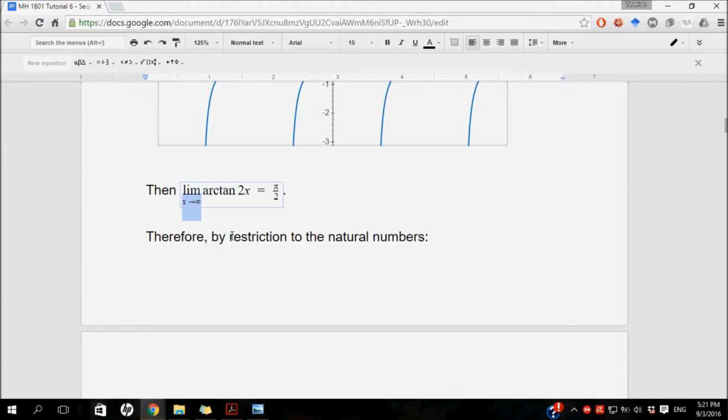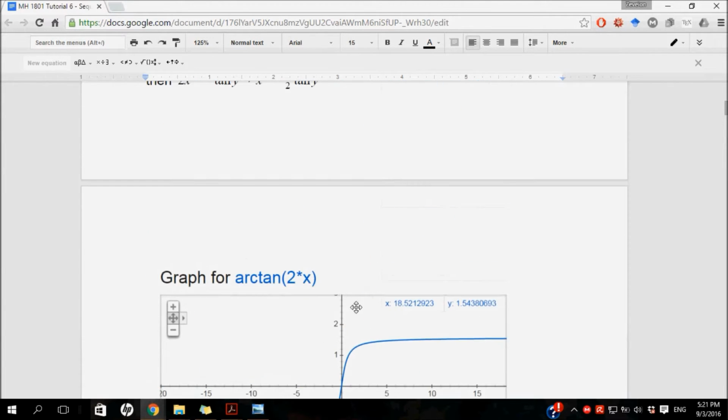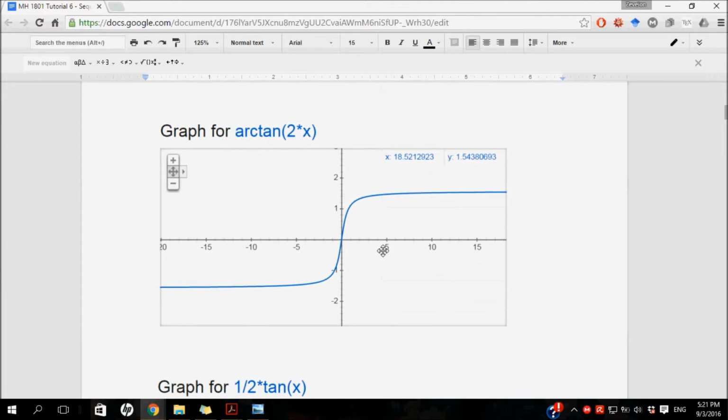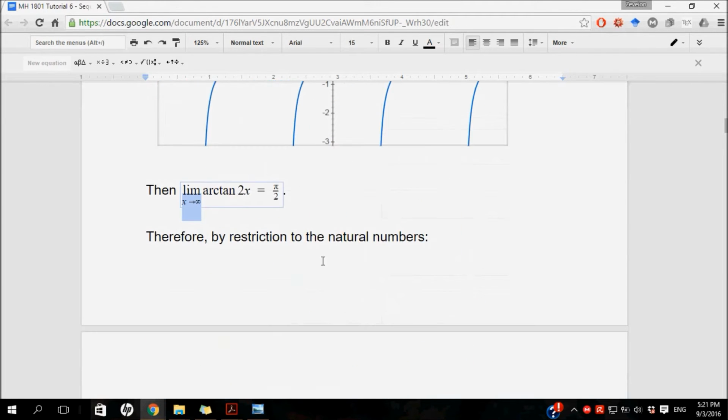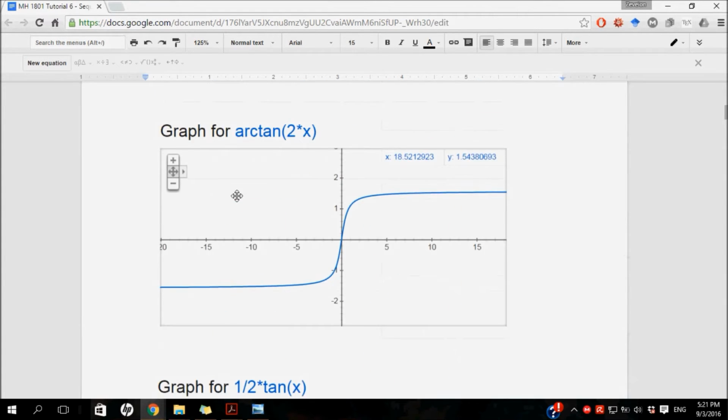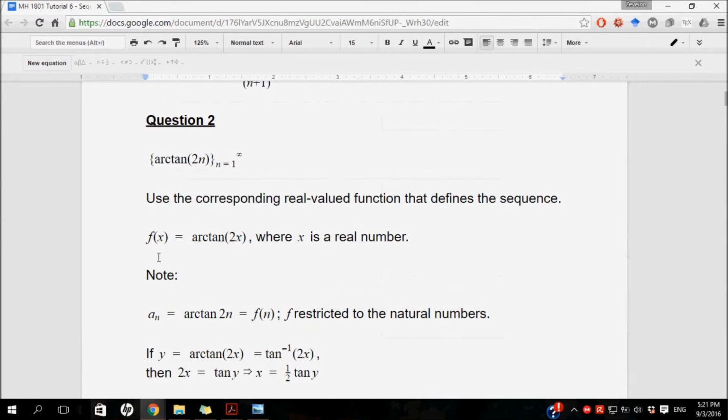As you take x towards infinity, you would also be covering all the natural numbers 1, 2, 5, 10 and 15 and so on. This is what we mean by the restriction to the natural numbers. By restricting our original function f(x) to the natural numbers, we obtain our sequence.